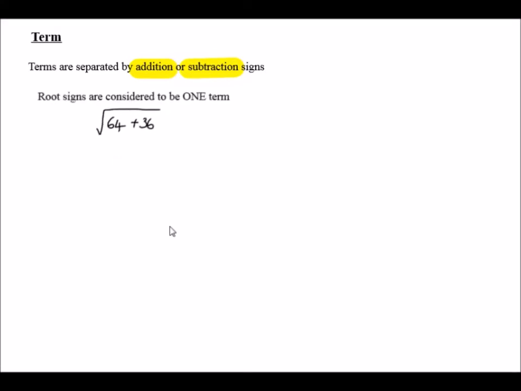Let's look at the terms. What makes something a term? Terms are separated by addition, by a plus sign or a minus sign. That's how we separate our terms. Important things to remember, root signs. So because I have a root sign, this will make this one term.